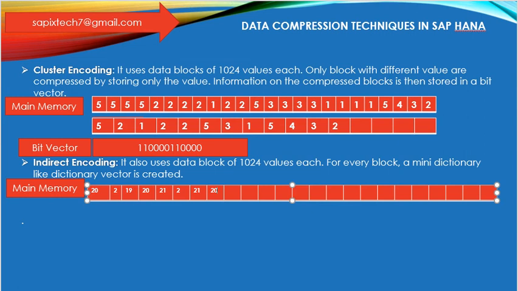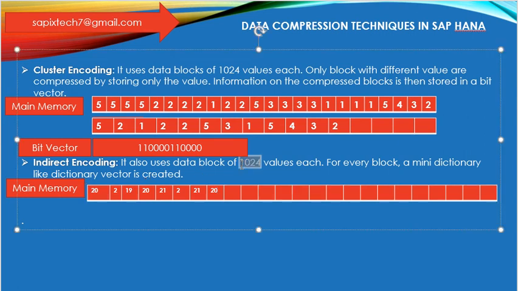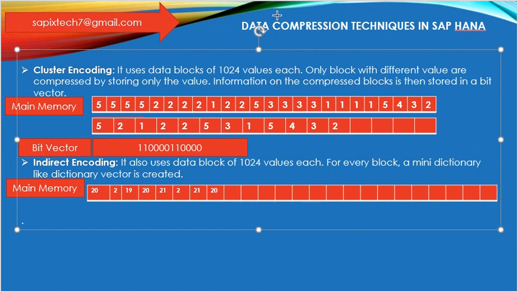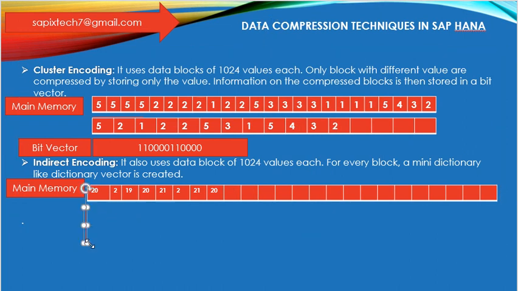It also uses data blocks of 1024 values each. So let me create a data block of size 8.